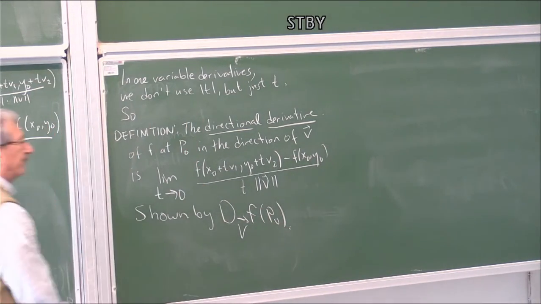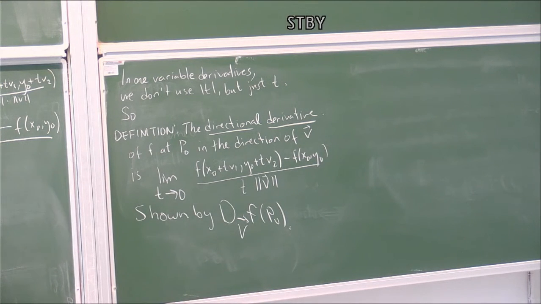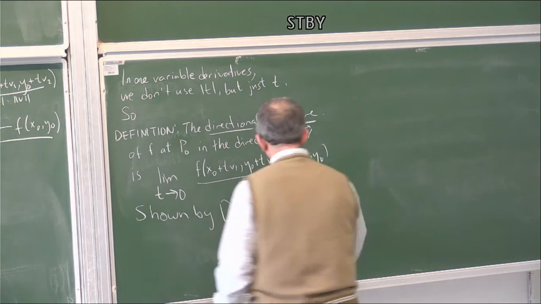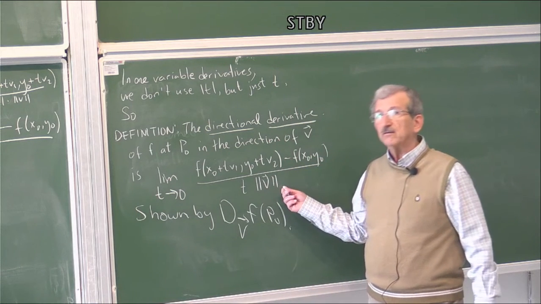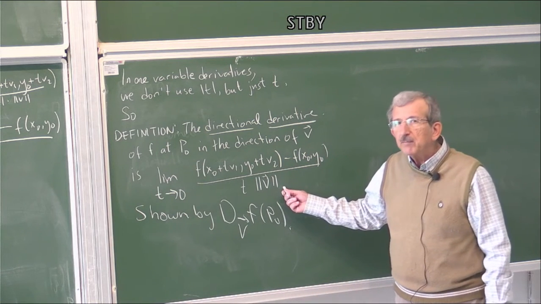Note that here we did not use L, because after all, p will move towards p0, and we only need the difference. And the difference says that it is t times a constant, and that constant is the vector. So we don't care about the line much.